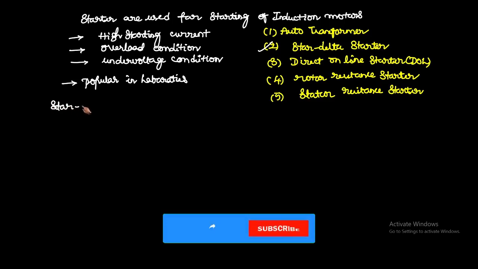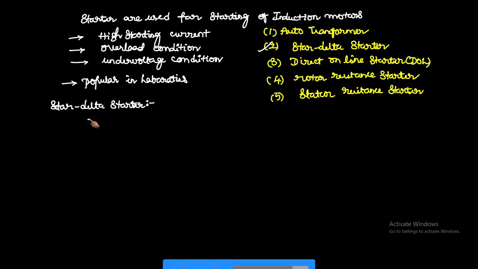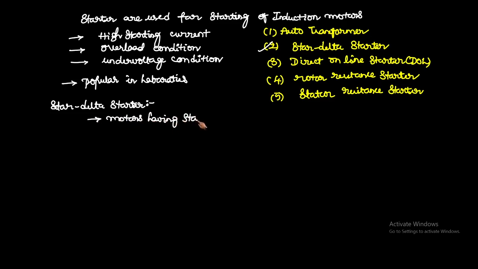In the case of the star delta starter, the first basic condition required is motors having a stator winding to be connected in delta. For that type of motor we are going to use this star delta operation.